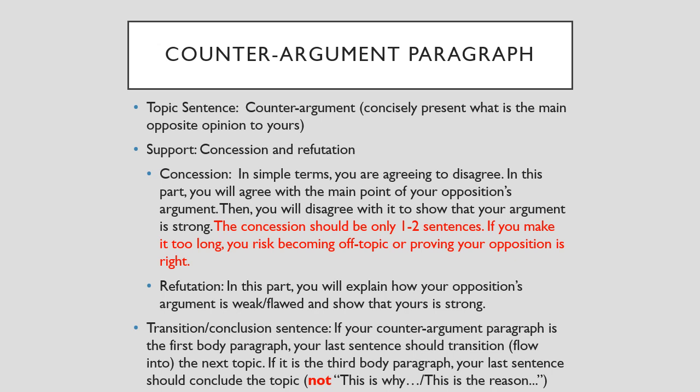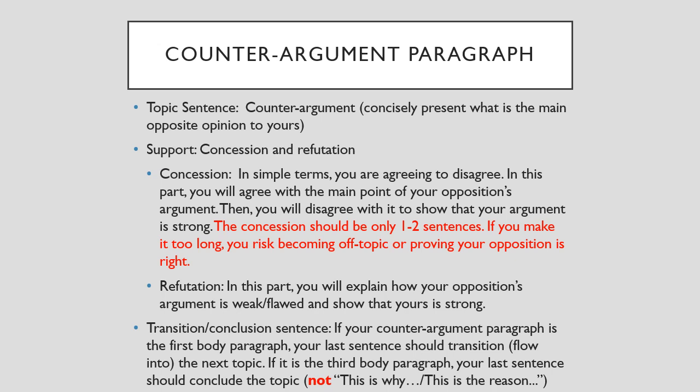All right. So you're going to present that, of course, in third person and in your topic sentence. Then your support has 2 parts. Okay. You have the concession and the refutation. So concession is basically when you agree, okay, to disagree. All right. So this is showing that you are open-minded.